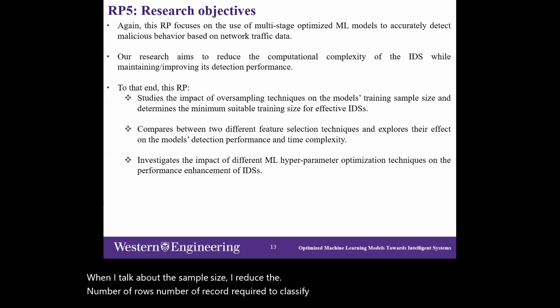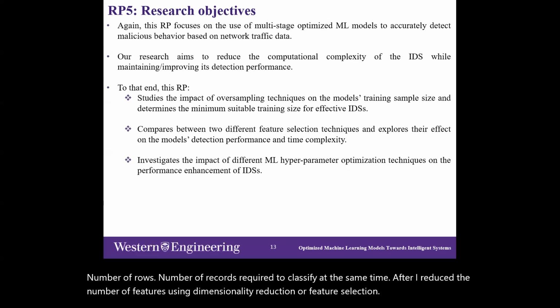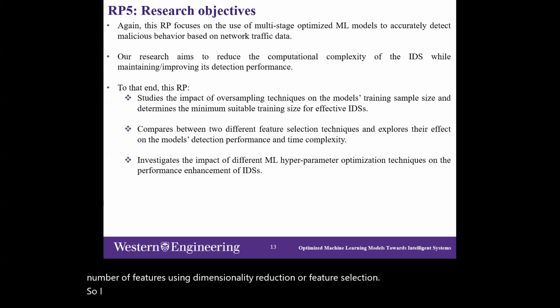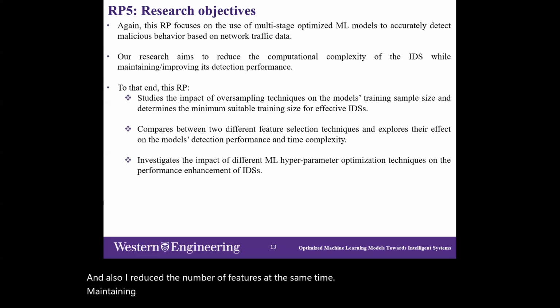At the same time, I reduce the number of features using dimensionality reduction or feature selection. So I reduce the complexity by the number of training samples, and also I reduce the number of features at the same time, maintaining a high performance system.